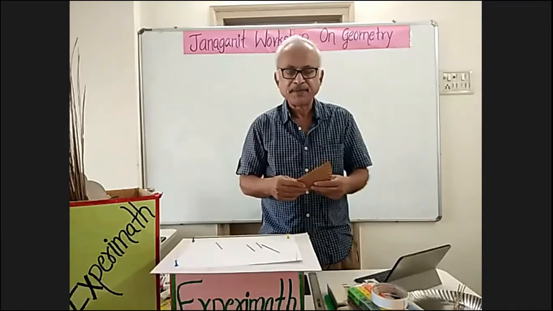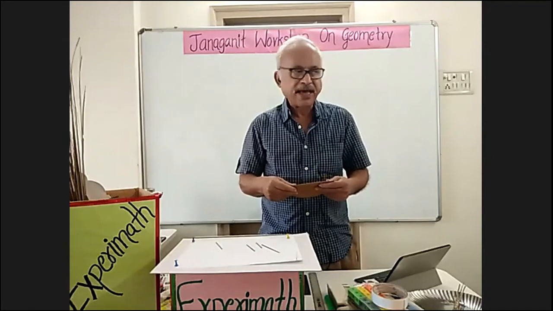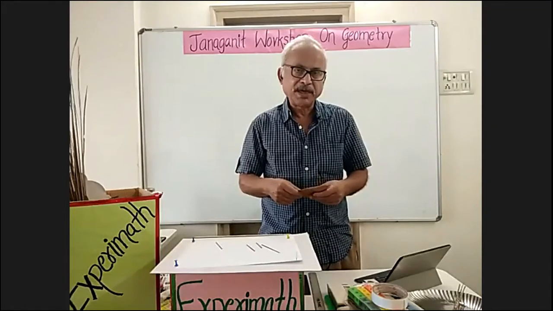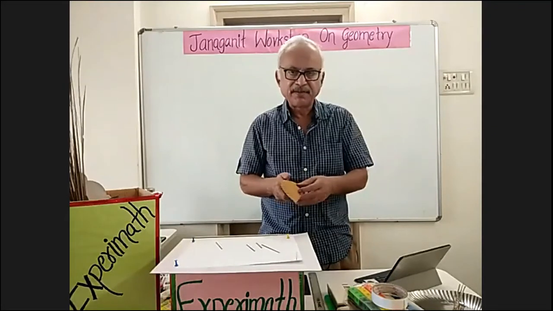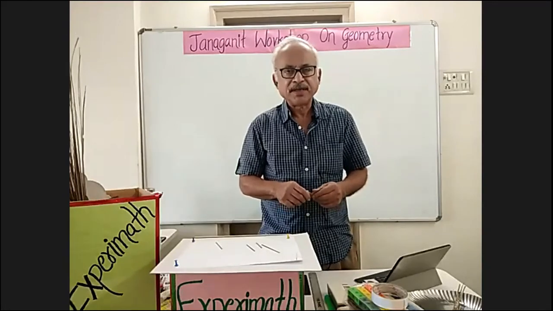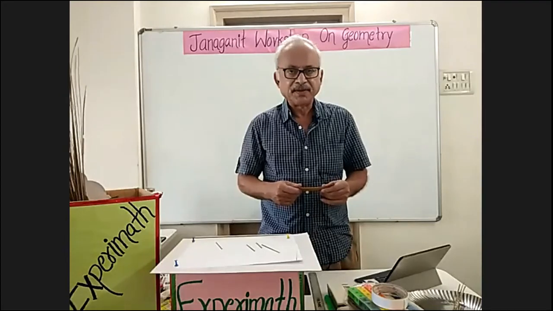You recall that? So we made three angles, A, B, and C. We made from the other half three other angles, A dash, B dash, C dash. That is how we made angles.